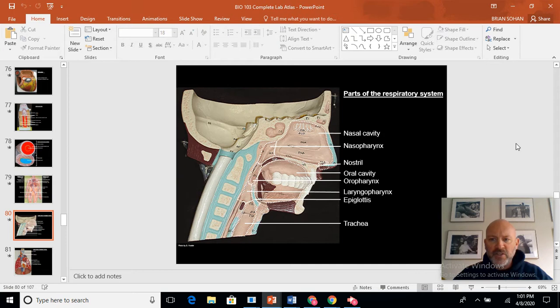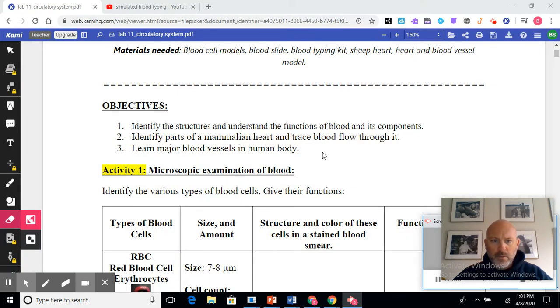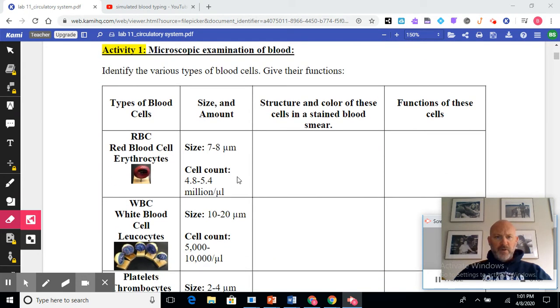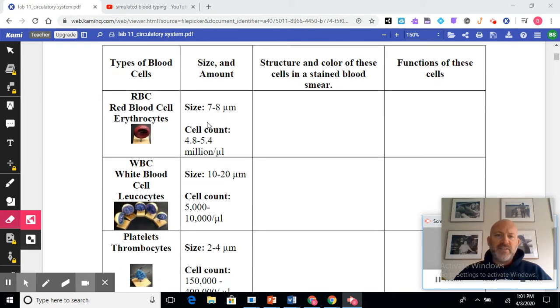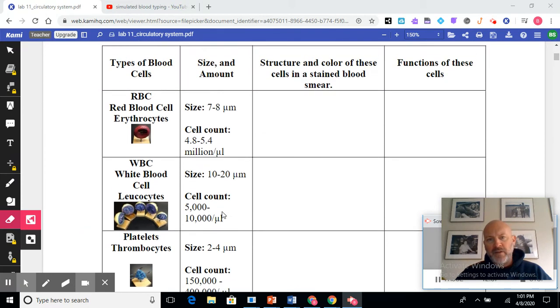Moving on. Let's go back to the lab. All right, what does it say here? We have types of blood cells. If we look at the size, we compare the size. The smallest ones would be the platelets. And then a little bit bigger than the platelets, roughly about 7 to 8 micrometers are the red blood cells.